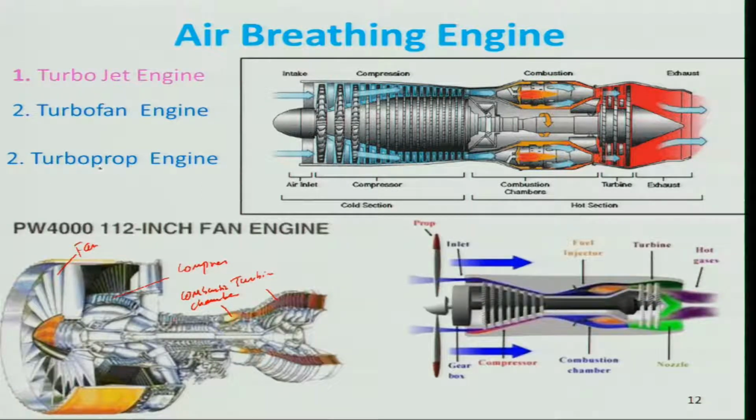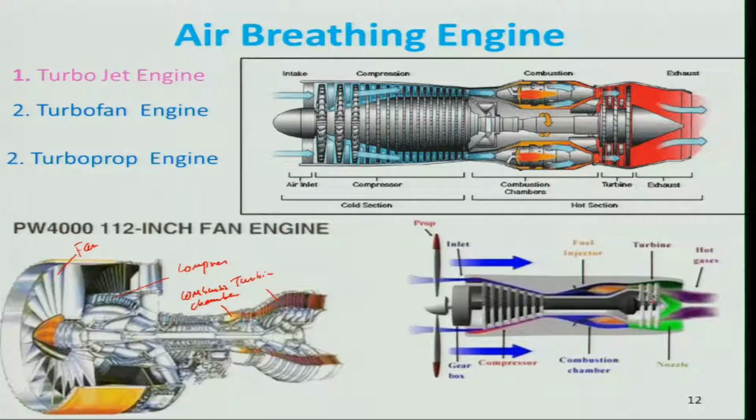And if you look at the turboprop engine, the air will be passing through the propeller, and then the air intake, and of course, the compressor, combustion chamber, turbine, and expanded in the nozzle.